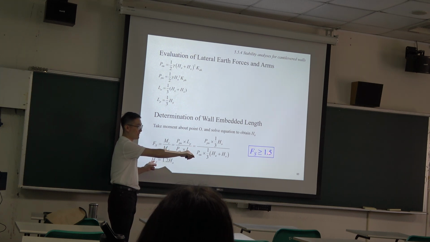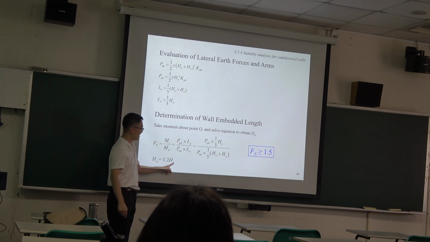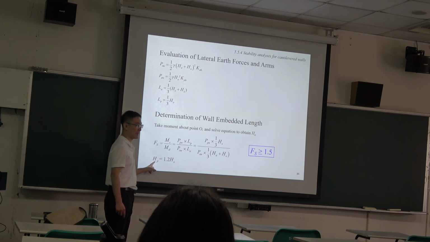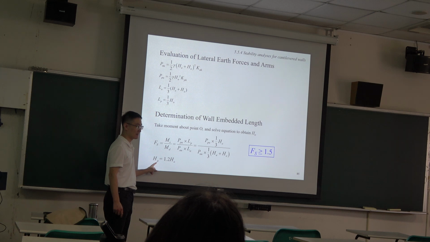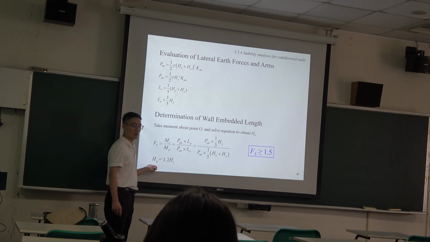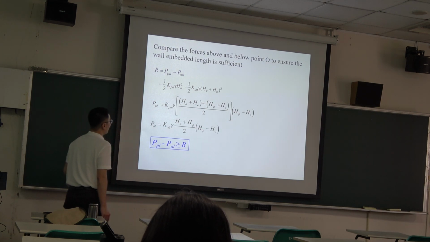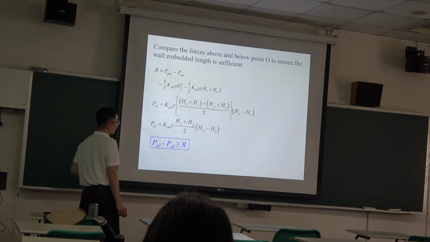So, using the factor of safety and trial and error to work out HO, and then directly multiplying by 1.2, that means increasing by 20%, to obtain the penetrating depth. But it doesn't mean this one is enough, so we have to check whether it's enough or not. The checking procedure is shown here.